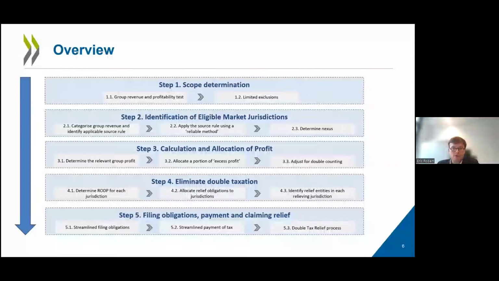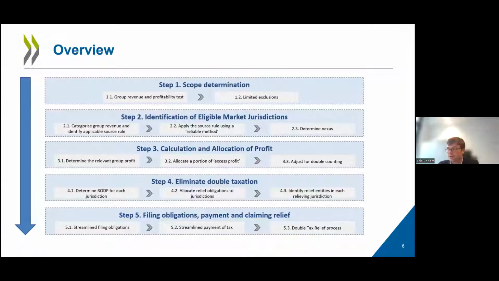Another thing also that is quite novel and that you will see a lot when we take you through these different steps is the use of formulas and quantitative metrics, which is a constant across the model. Again, for the purpose of scope, as I mentioned earlier, that's a key criteria to determine whether you're in or out is purely quantitative metrics based on profitability and revenue. But also you will see when we get into, for example, step 3 about allocation of profit and the MDSH, the adjustment for double counting, mainly quantitative metrics and formulas there, as well as when we get to step 4 and we allocate the obligation to relieve double taxation to different jurisdictions.